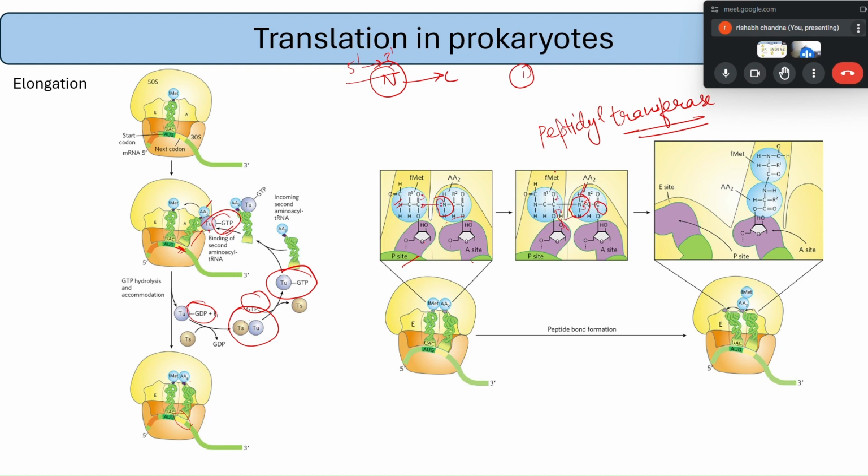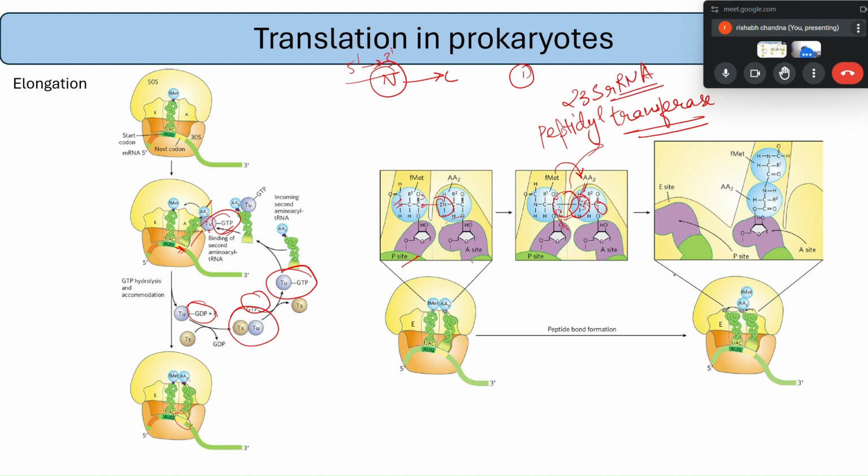So this fMet is shifted to this particular tRNA, forming the peptide bond. So this peptide bond formation and the rearrangement is catalyzed by the enzyme called peptidyl transferase, that is 23S rRNA, present in the 50S subunit.